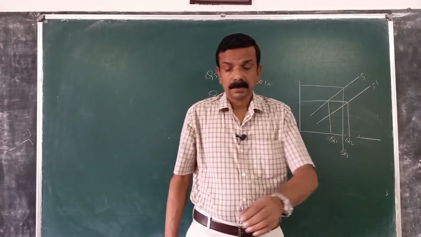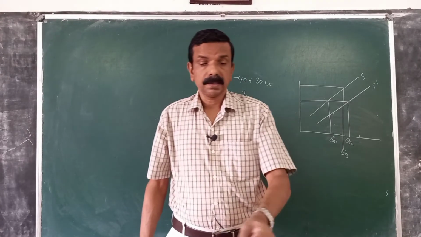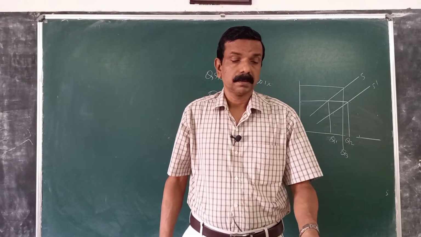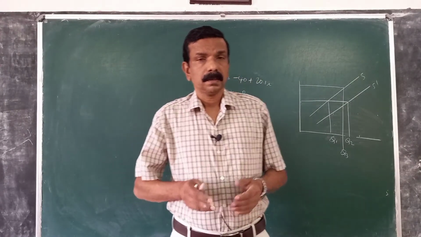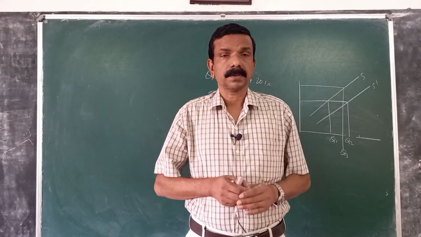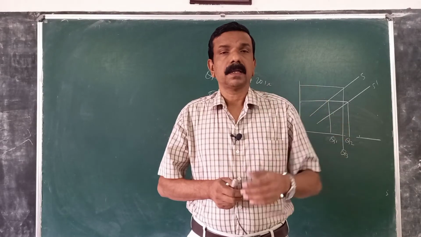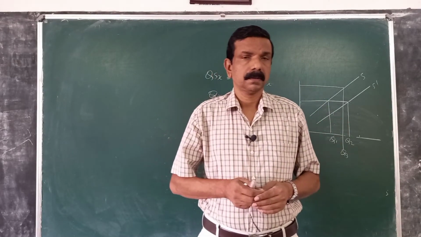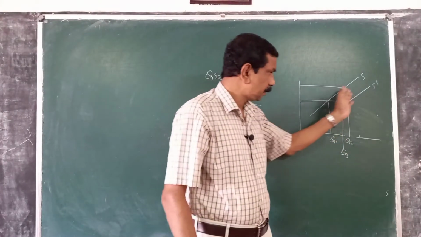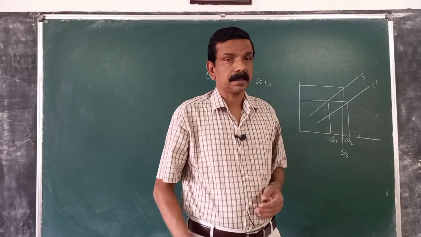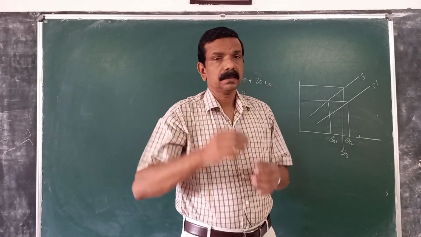So, as we have distinguished between change in demand and change in quantity demanded, in the case of supply also we have change in supply and change in quantity supplied. That is movement along the same supply curve versus shift in the supply curve.